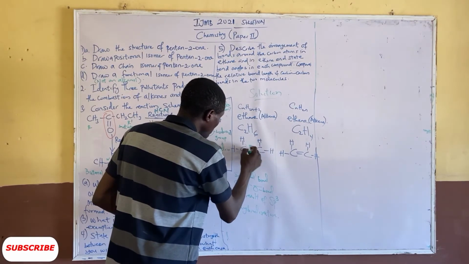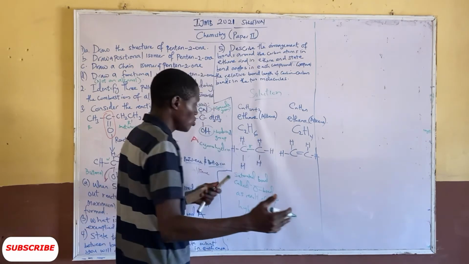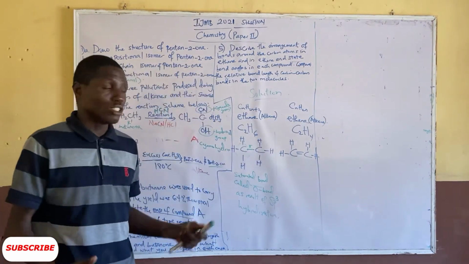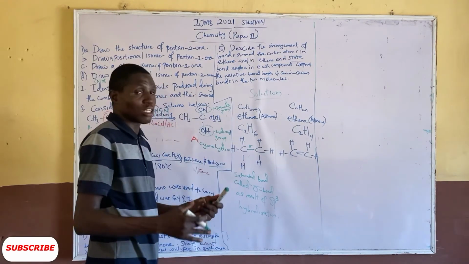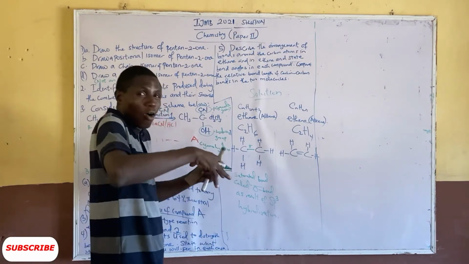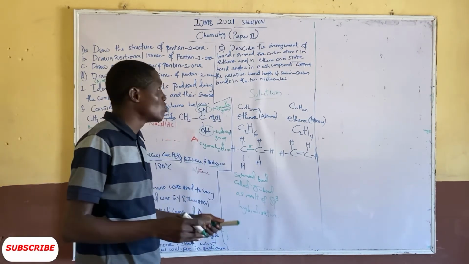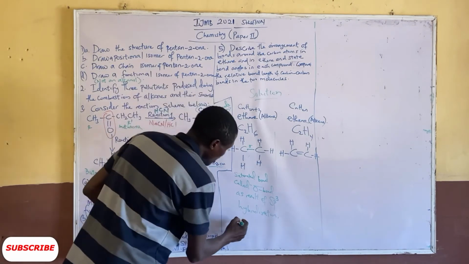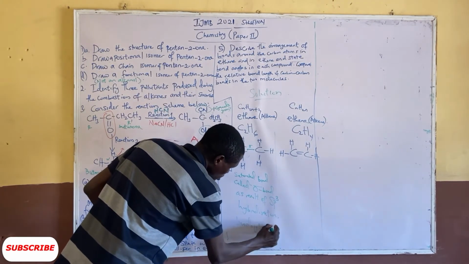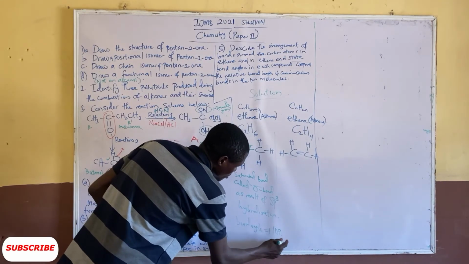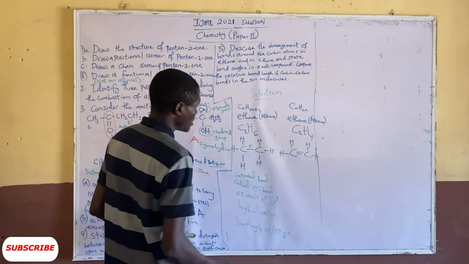This carbon has a tetrahedral shape because of the sp3 hybridization. So the bond angle here is 109.5 degrees, approximately 109 degrees 28 minutes. So that's that.